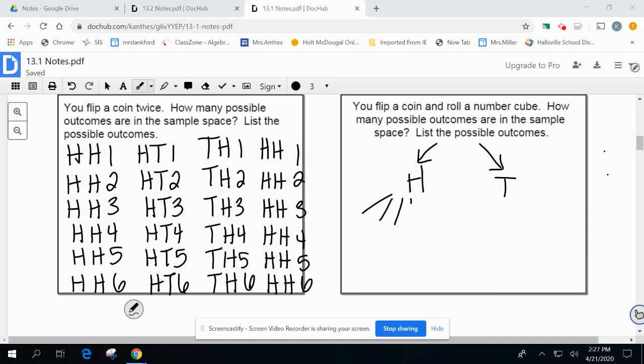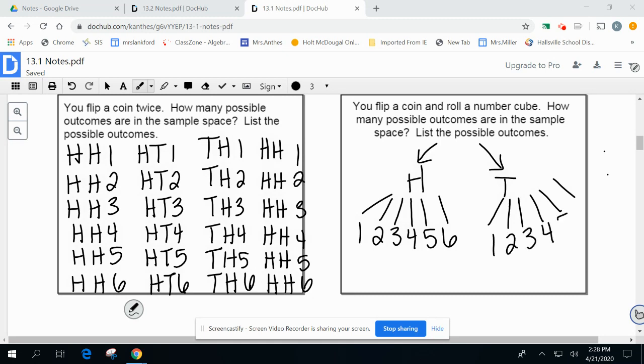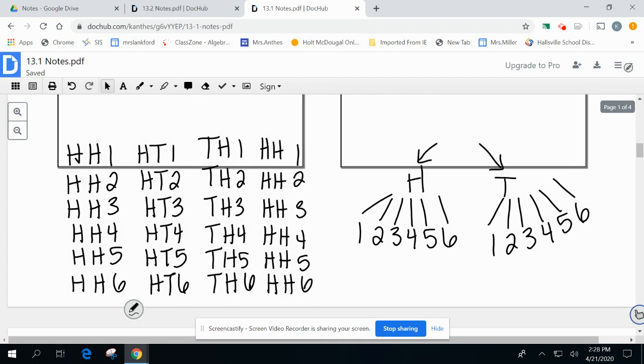So each one of these is going to have 6 possibilities. I could either get heads 2, heads 3, heads 4. I'm going to do the same thing with tails. I could possibly get up to 6 different combinations with tails. So that's an example of how to make a sample space.